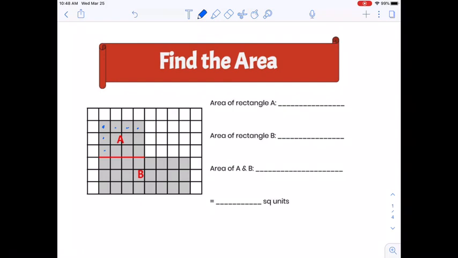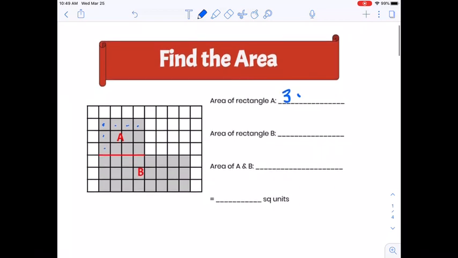So we can say that area A has dimensions of 3 units by 4 units, or 3 rows of 4. So that would look like 3 times 4 for the area of rectangle A, and we know 3 times 4 is 12.